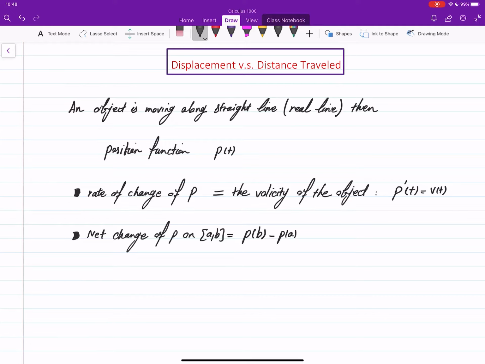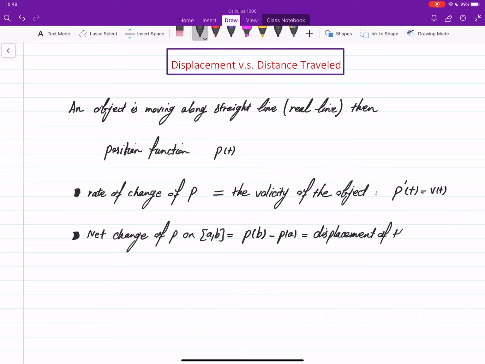But this is the same thing as displacement of the object on the time interval AB. So you just look at the starting point and end point and see how much the object is displaced during this time.